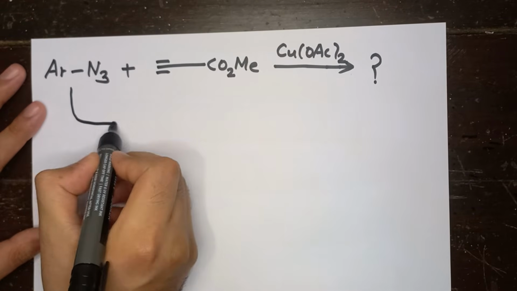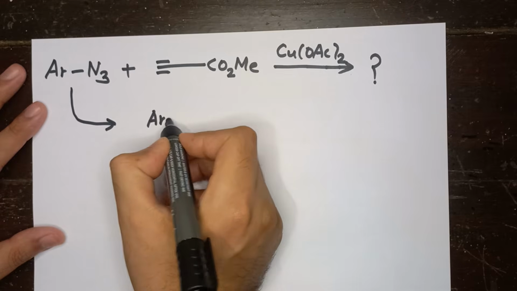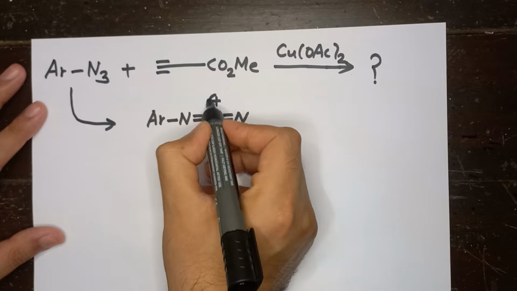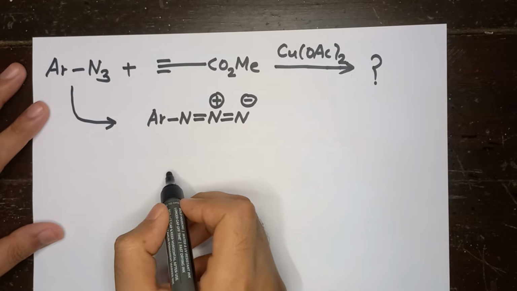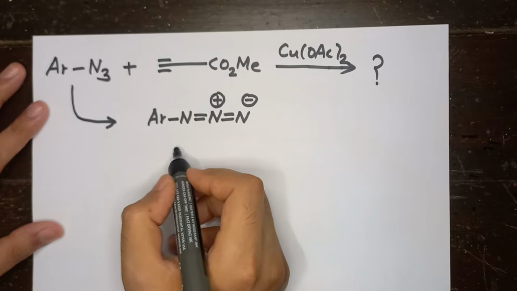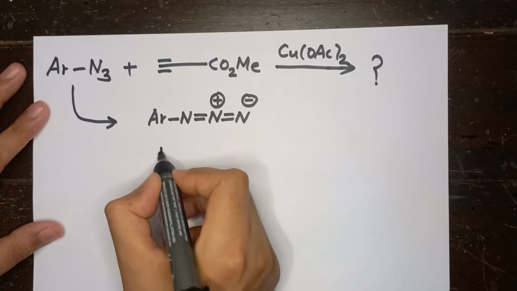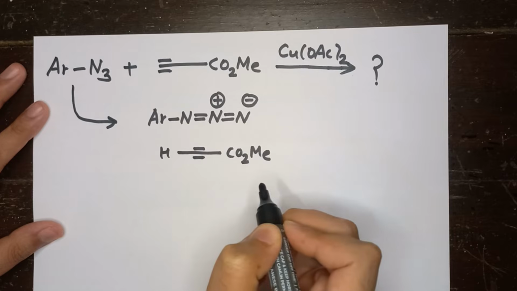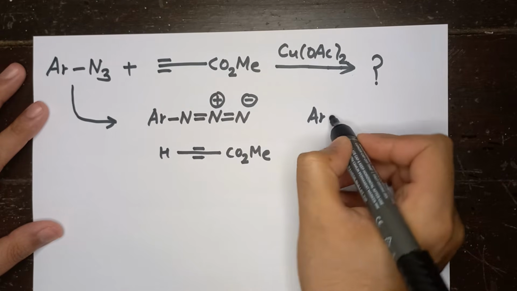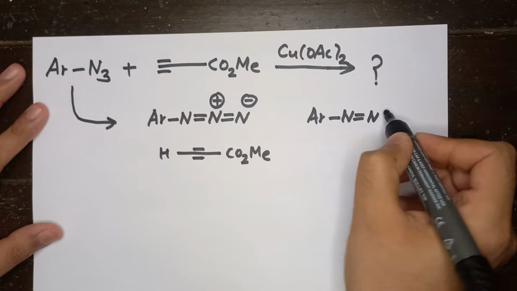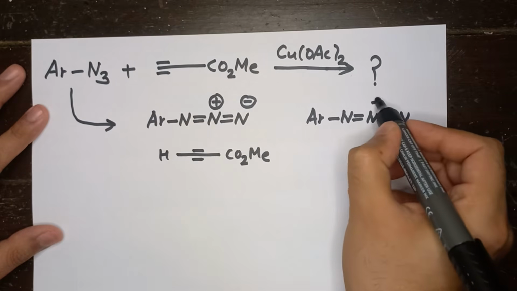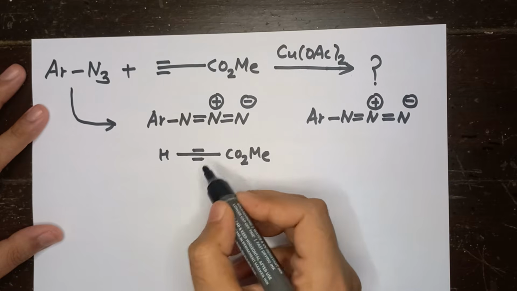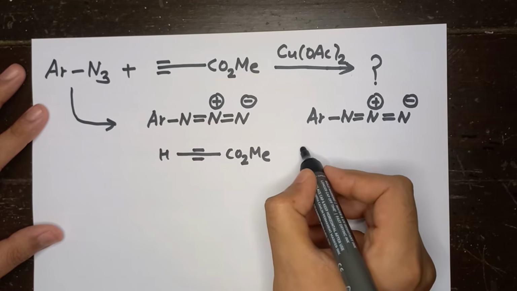So I can write this ArN3 like this one. Now this alkyne can approach my azide in this way, and it can also approach the azide with a 180-degree flip. CO2Me, which was at the right side, now I'm going to write on the left side.